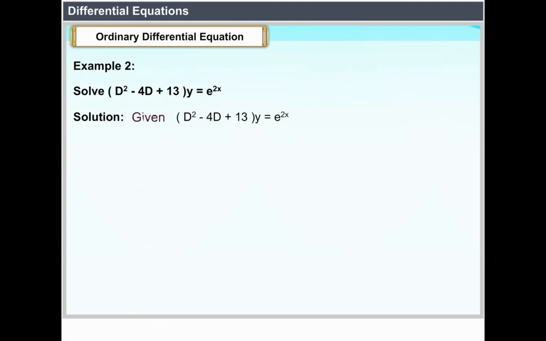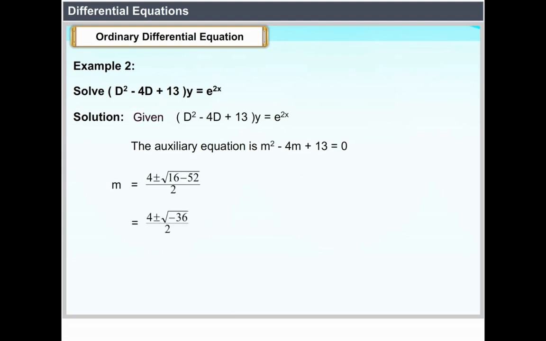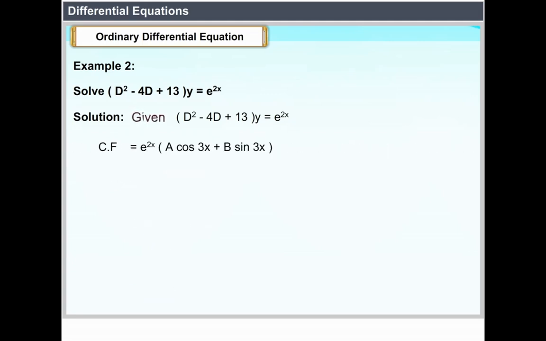Given (D² - 4D + 13)y = e^(2x), the auxiliary equation is m² - 4m + 13 = 0. m = (4 ± √(16 - 52))/2 = (4 ± √(-36))/2 = (4 ± 6i)/2 = 2 ± 3i. Then the complementary function = e^(2x)(a cos 3x + b sin 3x).